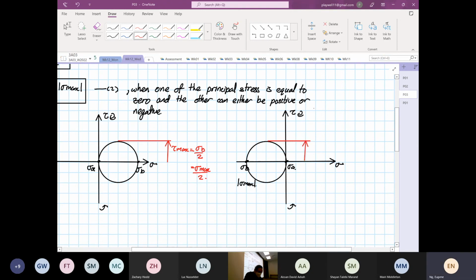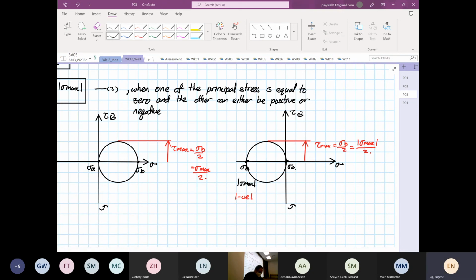So tau max is equal to stress B divided by 2. So it's the absolute value of stress max divided by 2. They put it absolute value because by right, this is a negative value, isn't it? So where it's absolute, it has no sign. Okay.